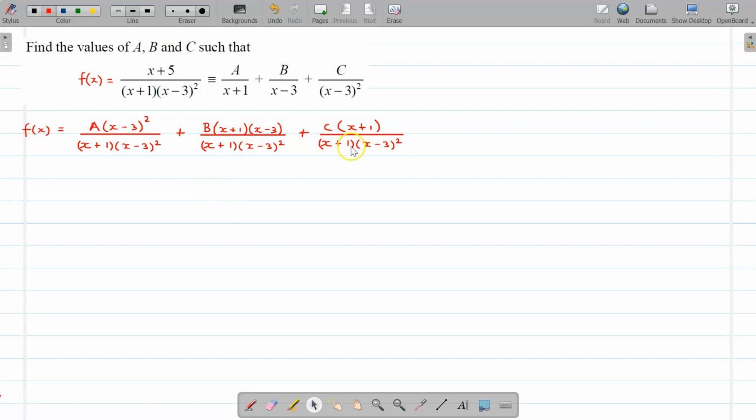So in practice, we don't write this step down that I've done here in red. Instead, we would just go straight to this statement.